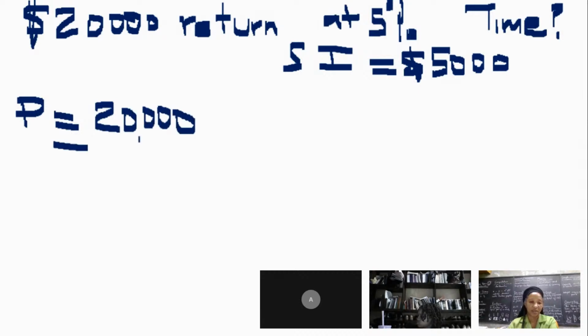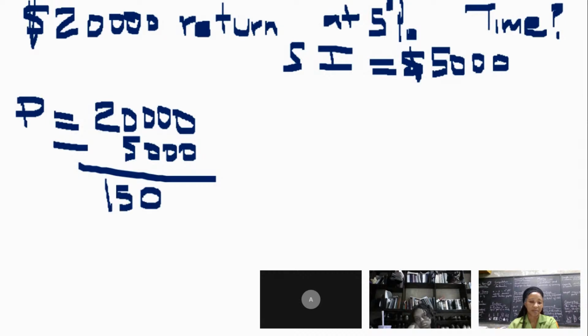All right. So that would give $15,000, Miss. All right. So how would we find the time? Miss, so now that we have the principal, the equation for time would be 100 times the interest over the principal times the rate.